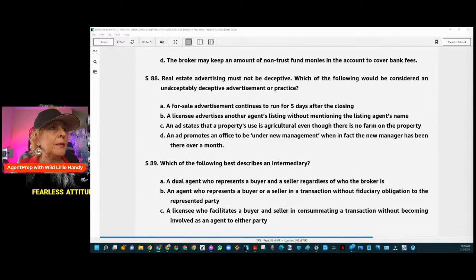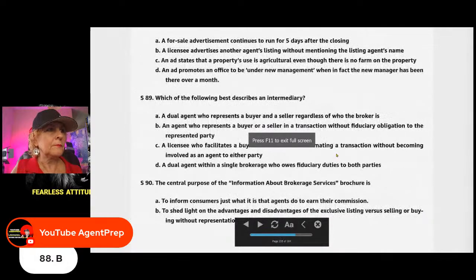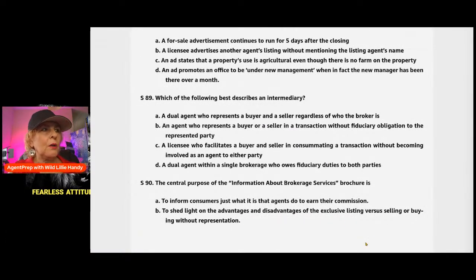Okay, number 89. Which of the following best describes an intermediary? A, a dual agent who represents a buyer and a seller regardless of who the broker is.